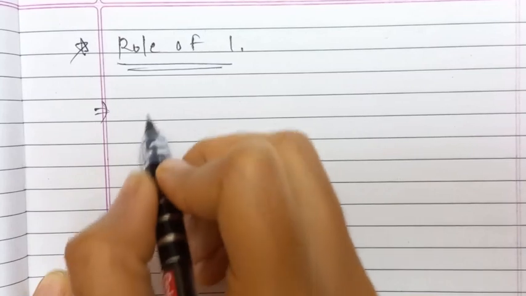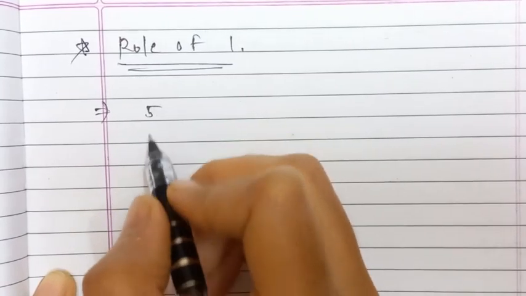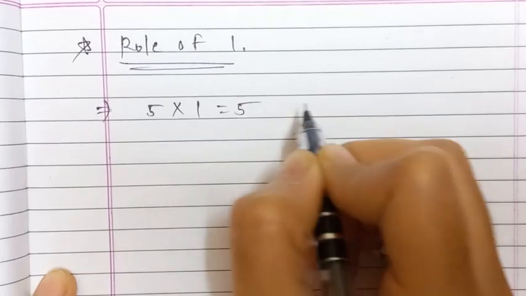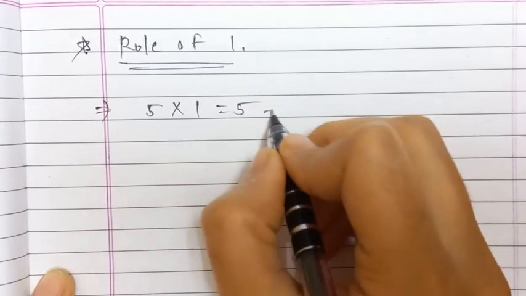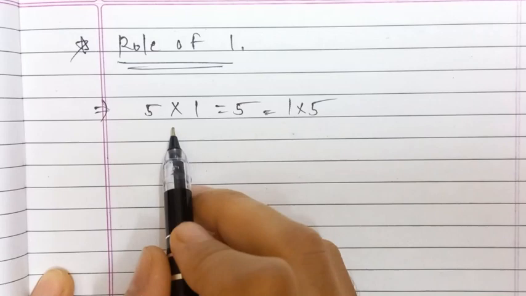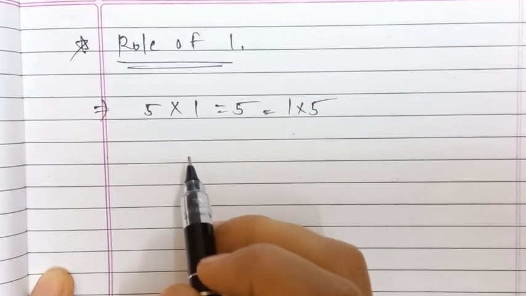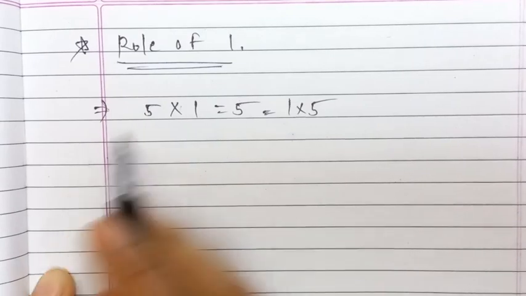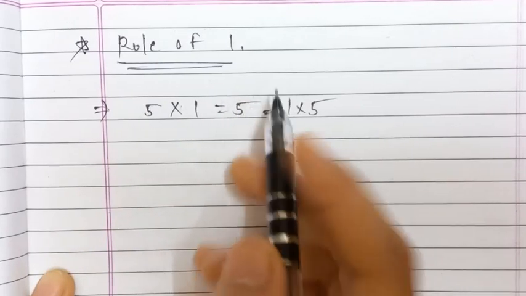First, a whole number. Let me take 5, multiply by 1, then we get 5. If we change the order, we know multiplication is commutative. So multiplication of 1 with a whole number gives a whole number.